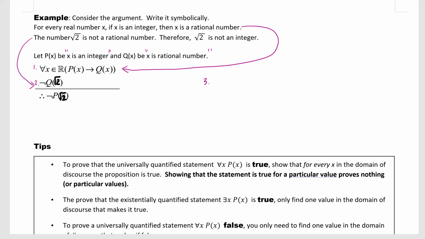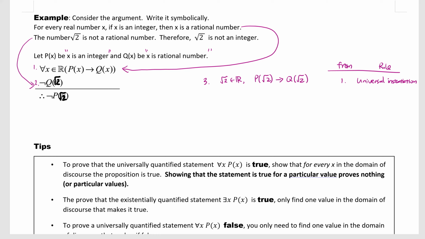Because square root of 2 is in R, we have P of square root of 2 implies Q of square root of 2. This is from line number 1, and the rule we are using is universal instantiation.